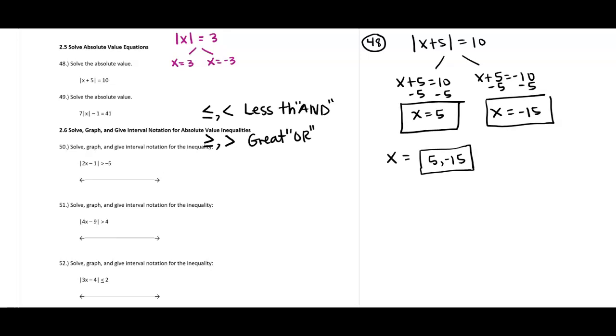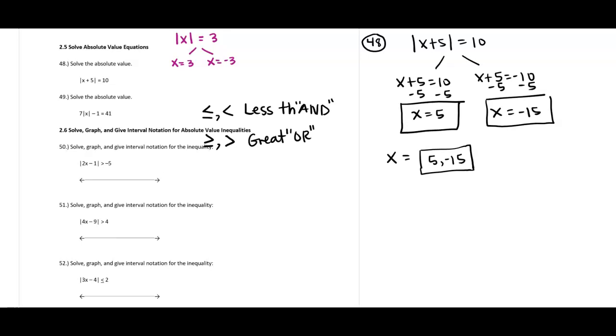So let's look at a few of these. Let's do one of each of them here. So let's do number 50 and see what happens here. So again, you still have to write your two different statements out.